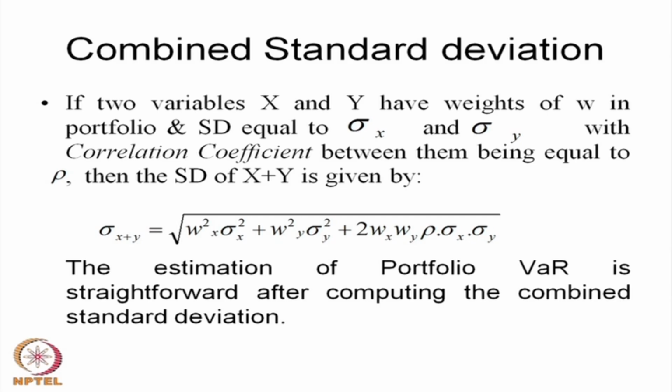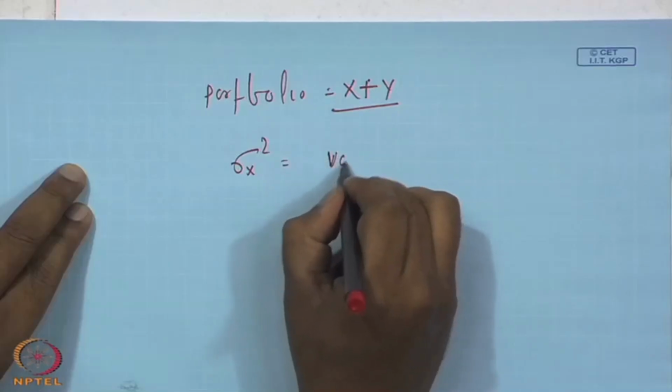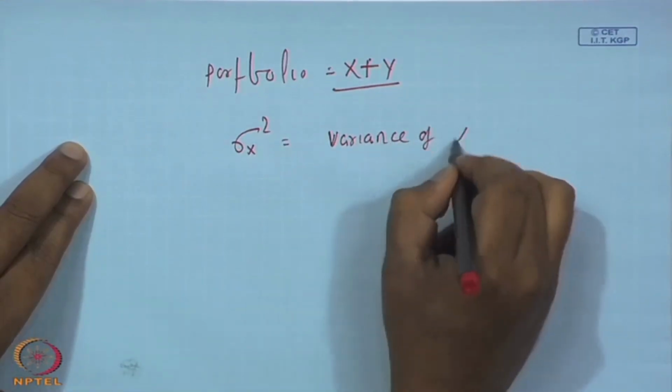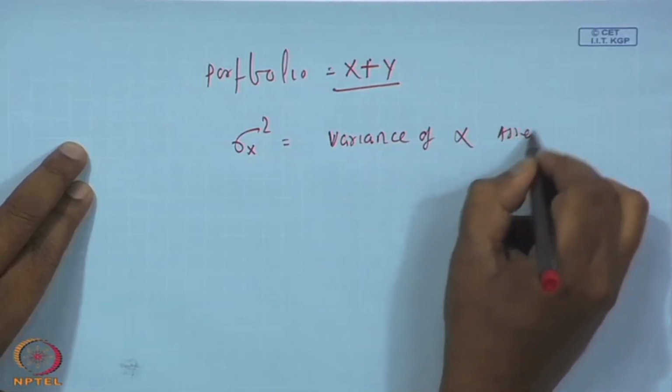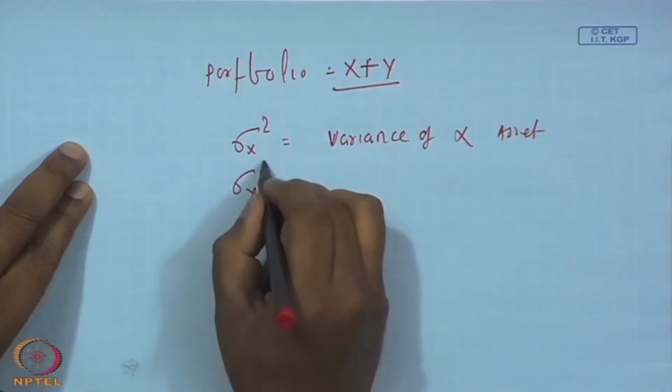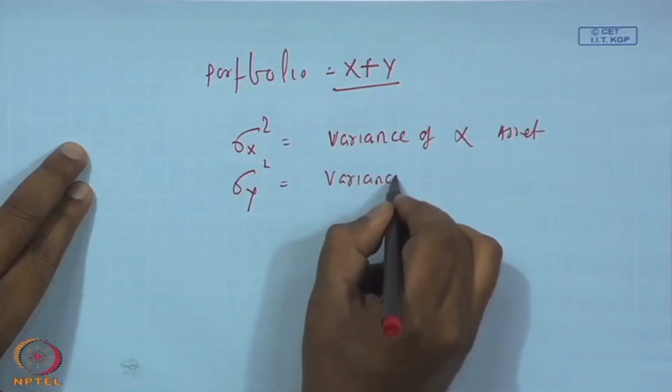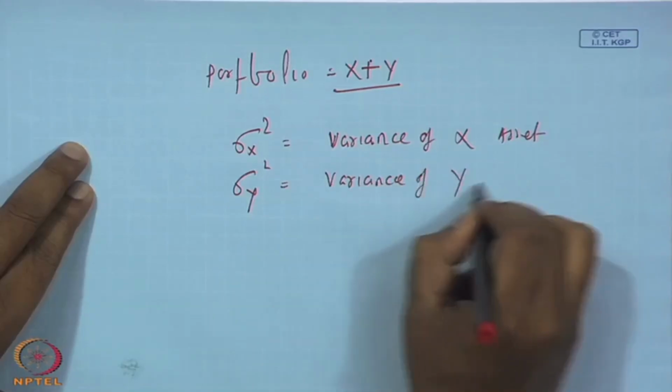x and y are 2 assets, and the volatility of the individual assets: sigma x square is the variance of the x asset and sigma y square is the variance of the y asset.